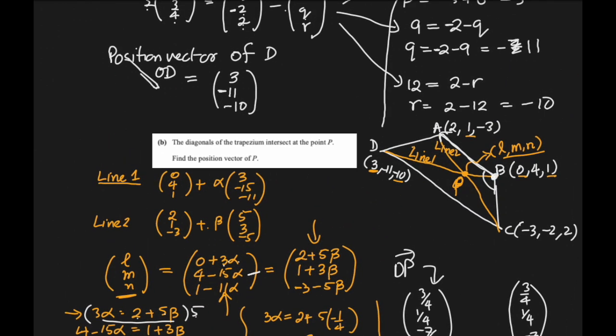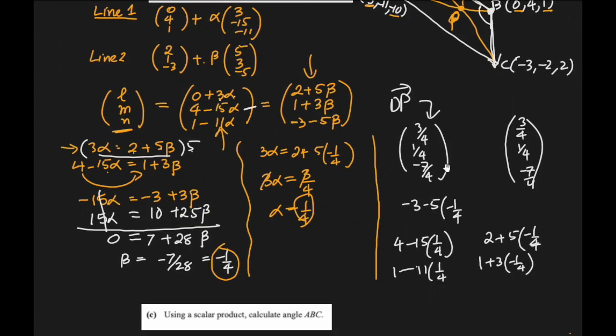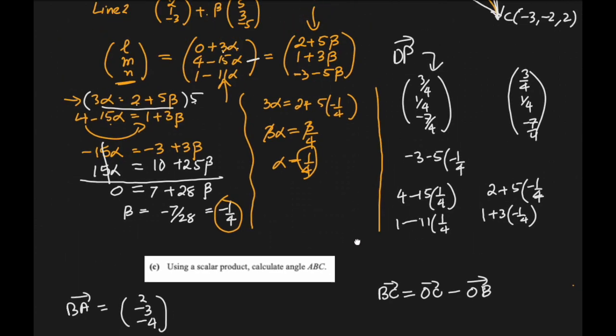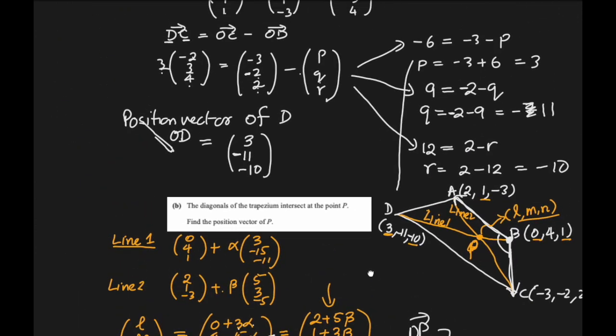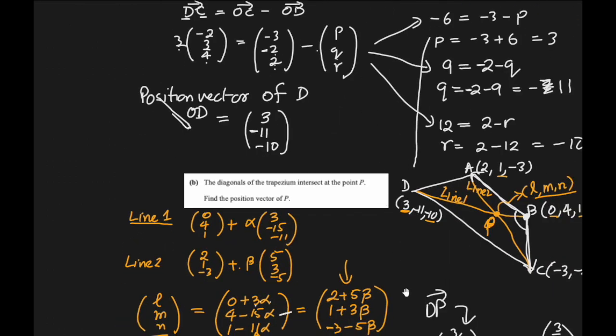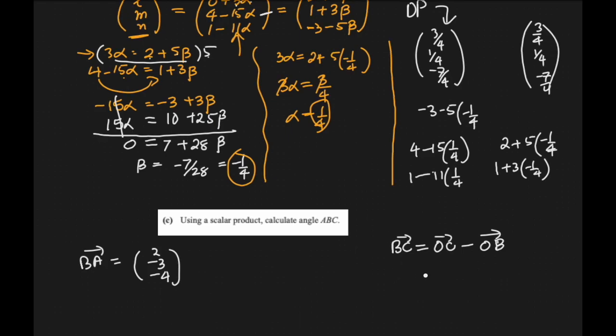And now I will have the vector BC, right? That means OC minus OB. We don't have BC, so we will find it. BC is equal to OC minus OB. So let me find OC and OB. OC is minus 3, minus 2, 2.